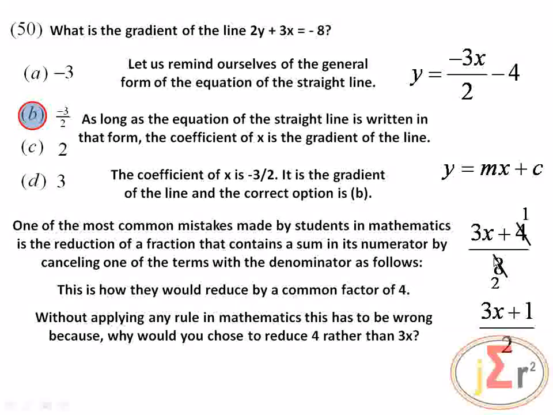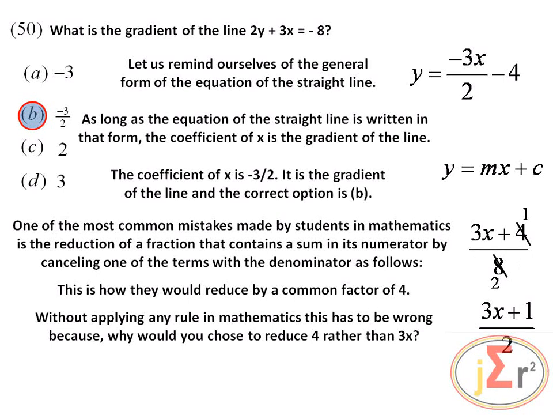Why do we choose to reduce by a common factor of 4, saying 4 into 4 is 1, 4 into 8 is 2? Why didn't we opt to use this instead? Well, I imagine that because there's no common factor in these two, but that cannot cause the mathematical process to be legitimate.